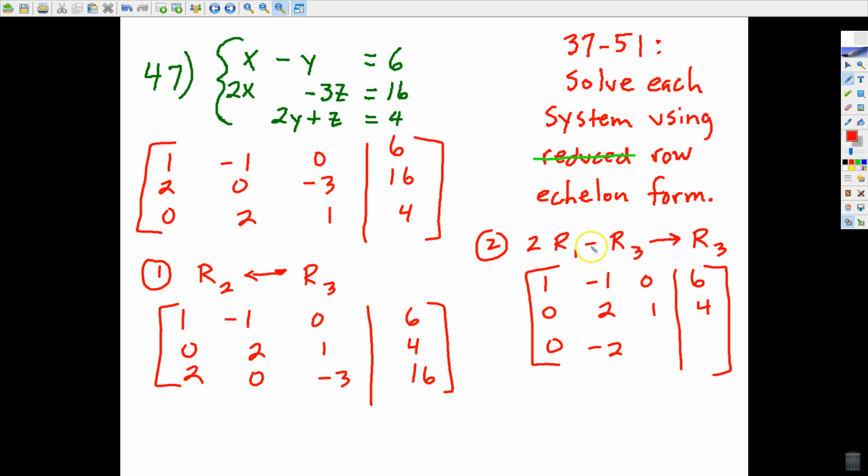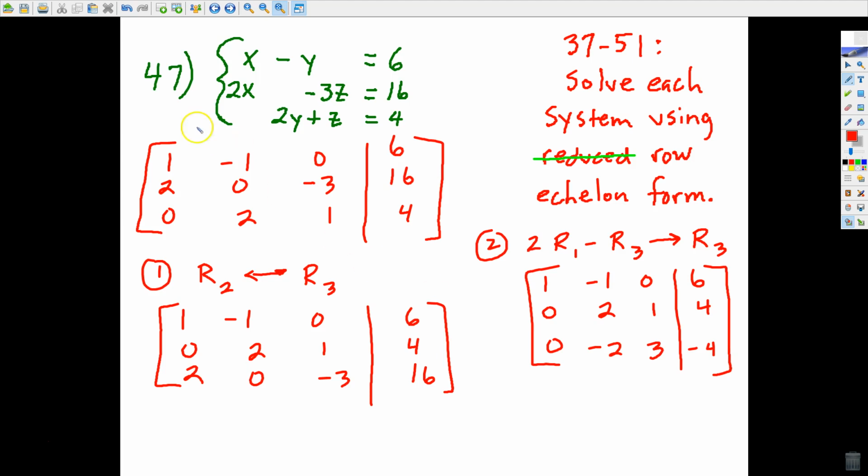You've got to be careful here, you're subtracting negative 3. 0 minus negative 3 is positive 3. Here is 12. 12 minus 16, which is negative 4. Okay? So far so good?